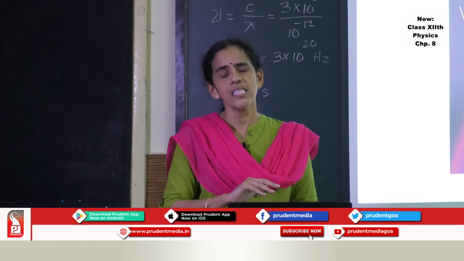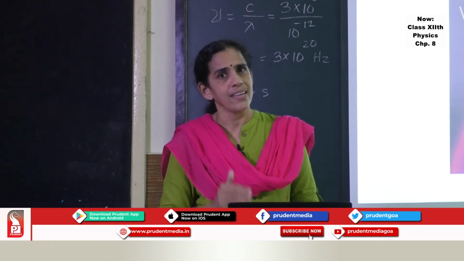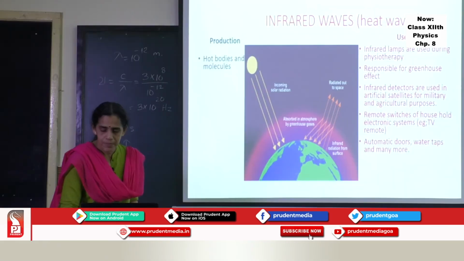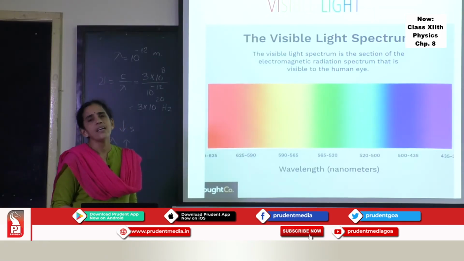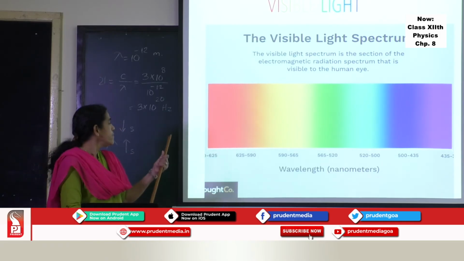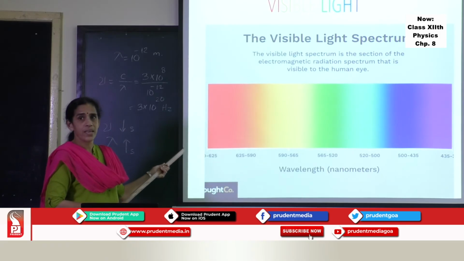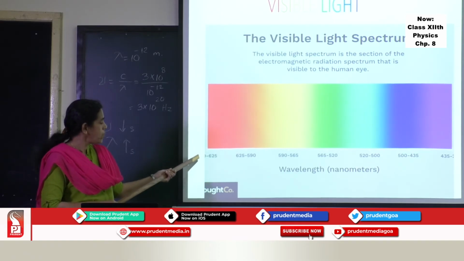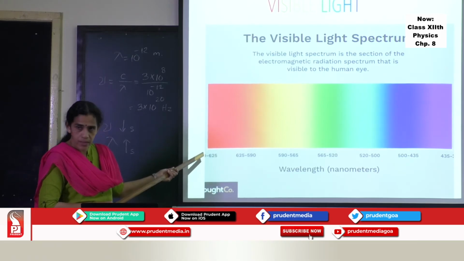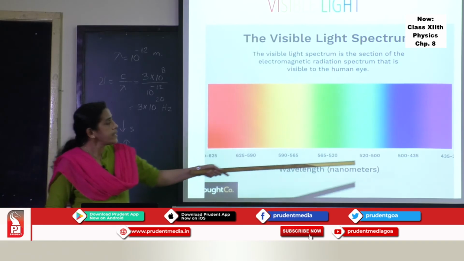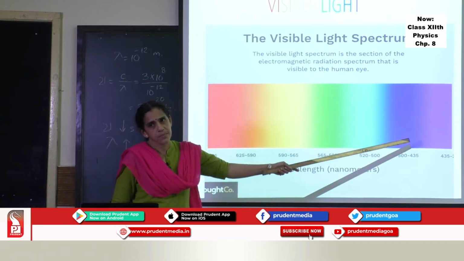Infrared, that is after red. Wavelength is more than red color. Then our visible spectrum. Visible light. Here is infrared, you can say. This is red, starting with 740 nanometer wavelength to 625, and this side is violet.